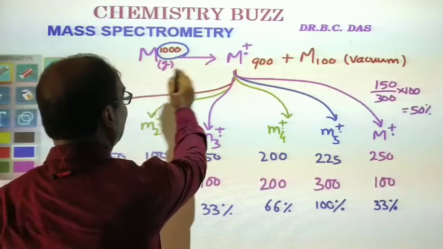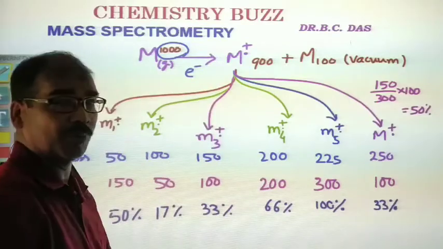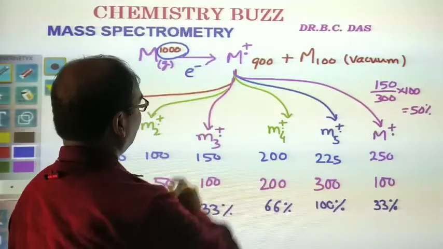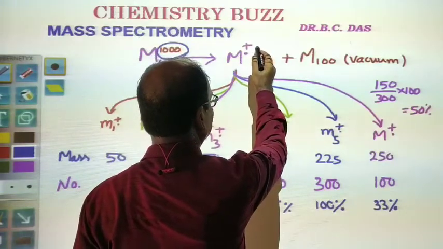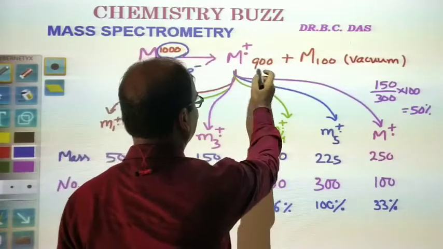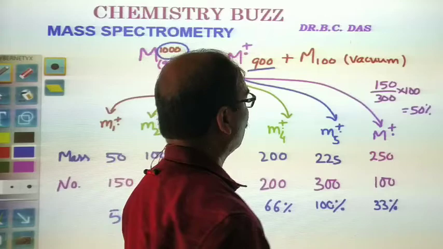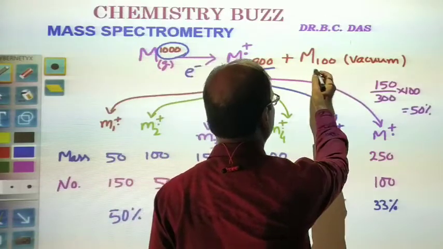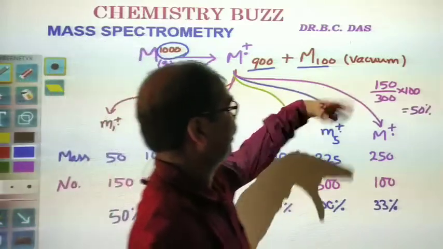When the 1000 molecules are subjected to electron bombardment, they are converted to the molecular cation, the radical cation of the molecule, say 900, and the neutral molecules which were not ionized, say 100 molecules, remain in the vacuum.